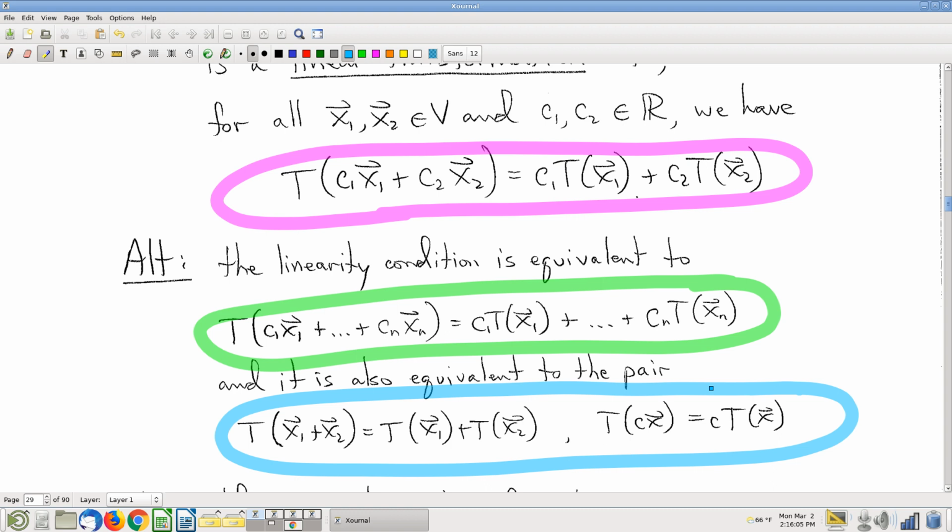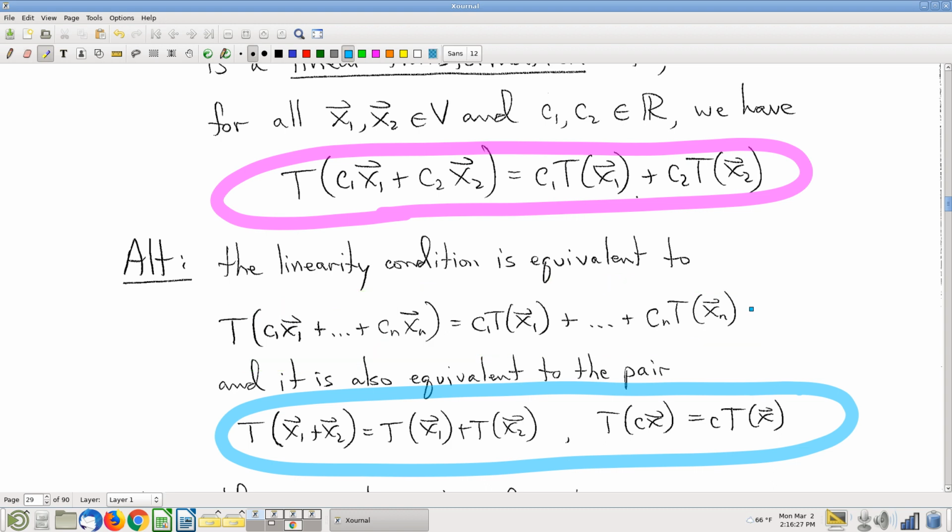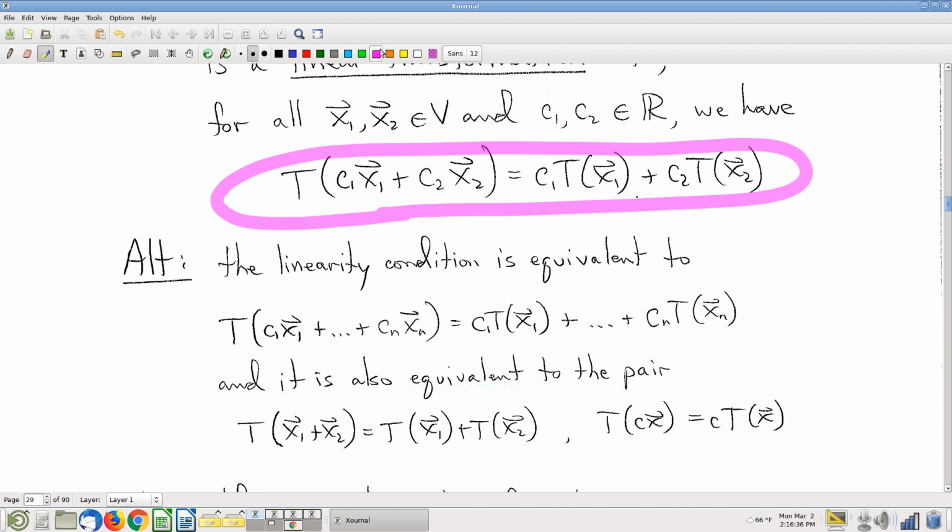You can really see what's going on there, and just one operation here as well. You scale the input, you scale the output. So there's an appeal. You might think of it as two easier conditions, perhaps, compared to one harder condition. So it's up to you which one you like to use. It depends on the circumstance. For me, I tend to gravitate toward this one. I think probably all else being equal, a little bit less pencil lead when you use that one condition, but take your pick.